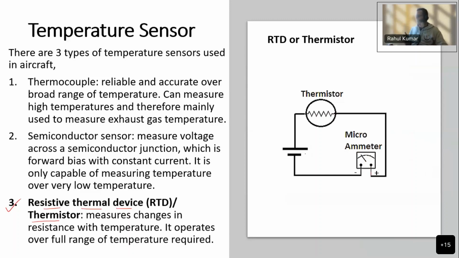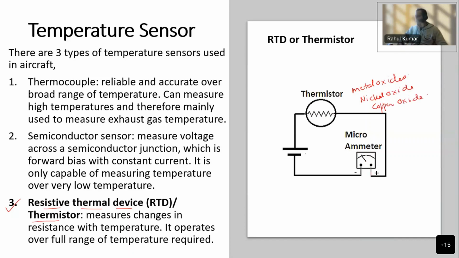This fact is used to measure the temperature. In a thermistor we use some metal oxide, something like nickel oxide or copper oxide.